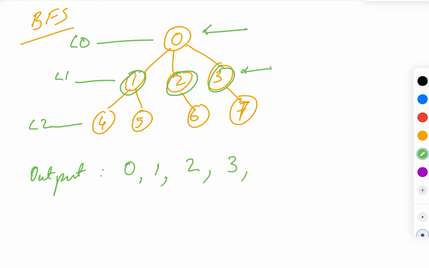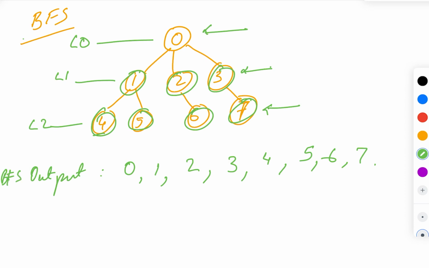And now that we have exhausted everything in this level, we move to the next level. Here, the first element is 4. So we've displayed this. Then 5. Then 6. And then 7. So our BFS traversal for the tree is this.